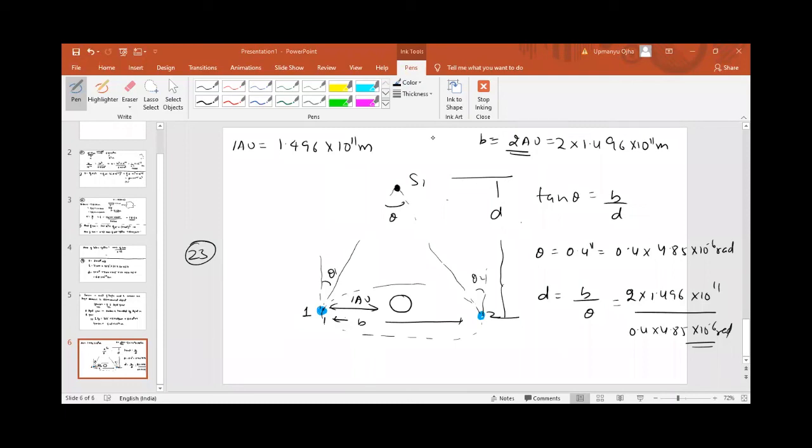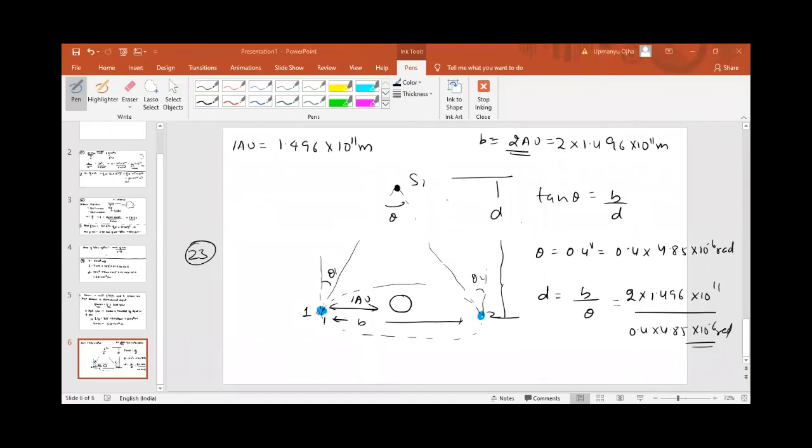See, again you read the question carefully. Again I will explain to you if you don't understand. When the observations are taken at an interval of 6 months from the earth, the angle of parallax is 0.4 minute. The distance of the star in parallax would be, see, this is the distant star. S1 is the distant star, and we are observing from the earth.